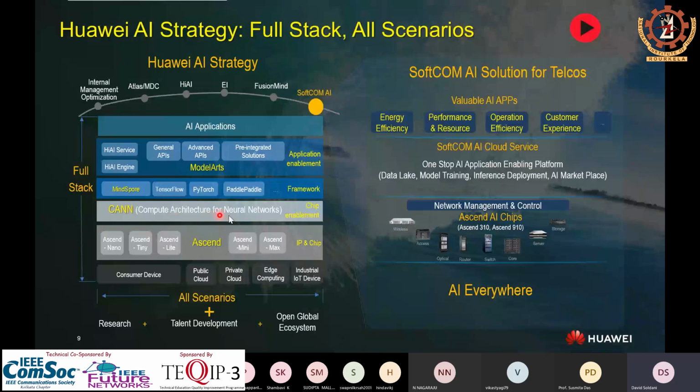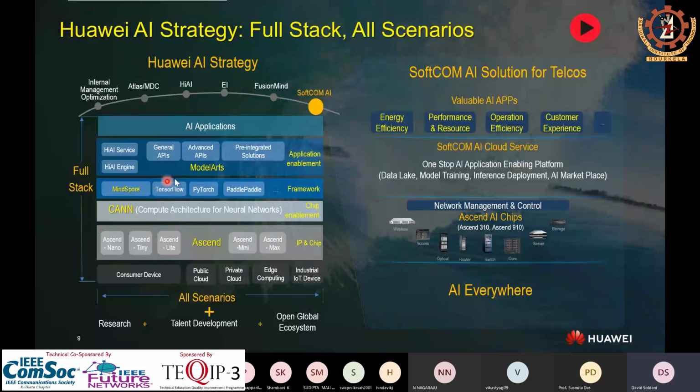So if you are used to working with TensorFlow or PyTorch, usually I think academics, at least the people I've been working with, prefer PyTorch, it's fine. You may run that on top, or you may think of using the Huawei MindSpore, which allows you a much more efficient way of composing your scripts and algorithms.